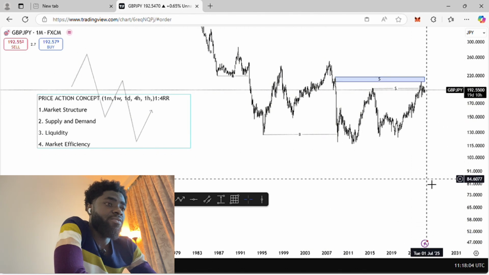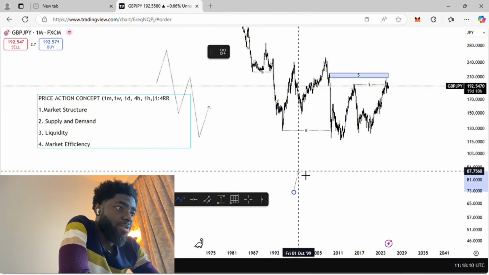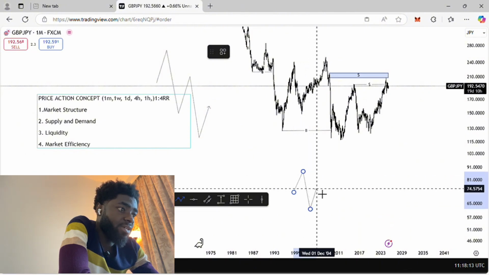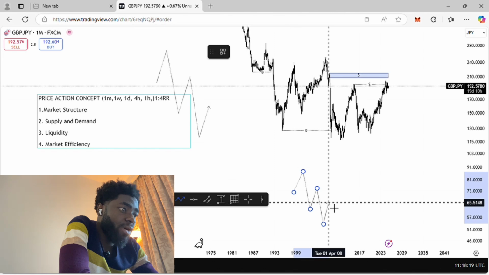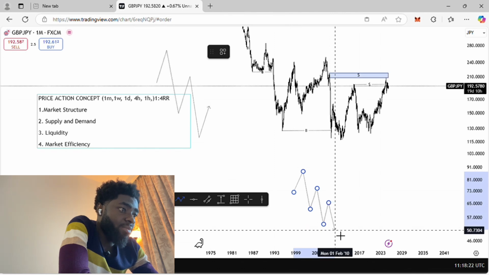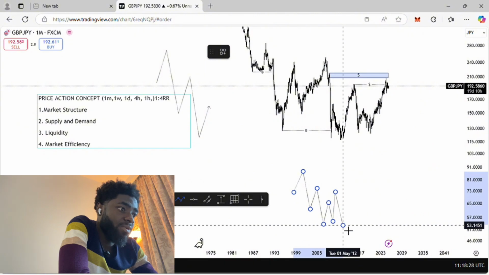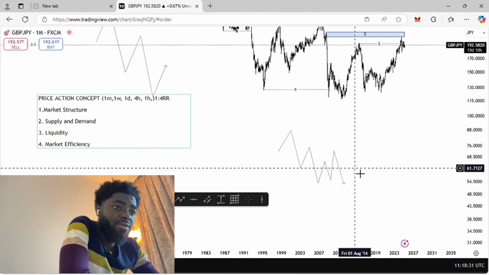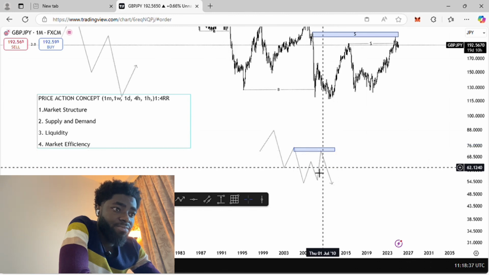In actual sense, if you have any setup like this, breaking to the lower side, break of structure, and you have an inefficient pullback, look for the supply zone and sell to the next low. Price is fractal. If you find this in the lower time frame, don't hesitate to sell.